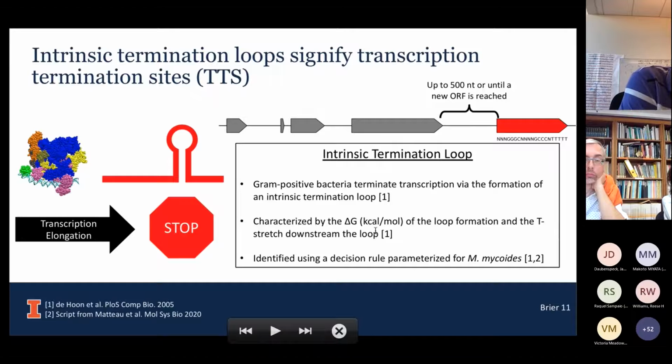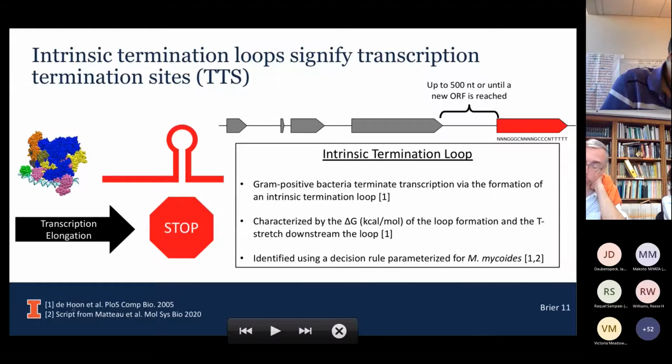Since syn3A and syn1 are derived from gram-positive bacteria, we understand this to be the most common way transcription is stopped within the cell. These were identified using a decision rule that was originally parameterized for Bacillus, but then has been applied to mycoides.